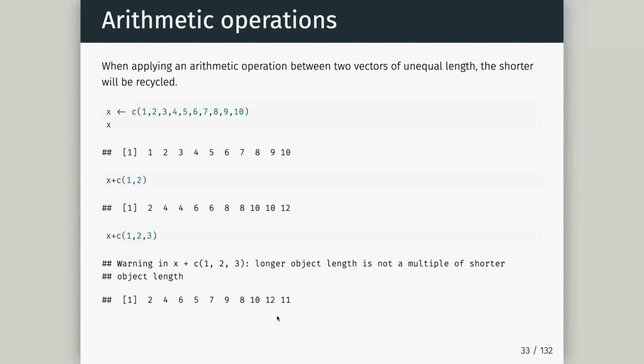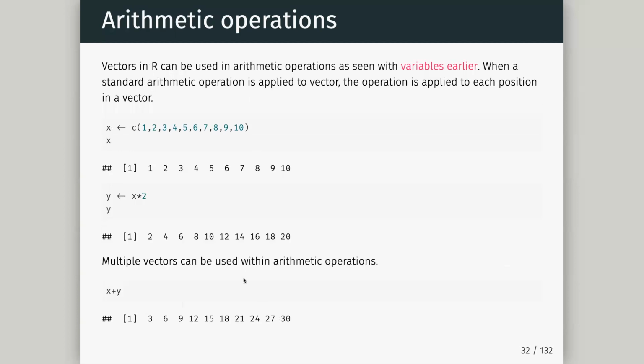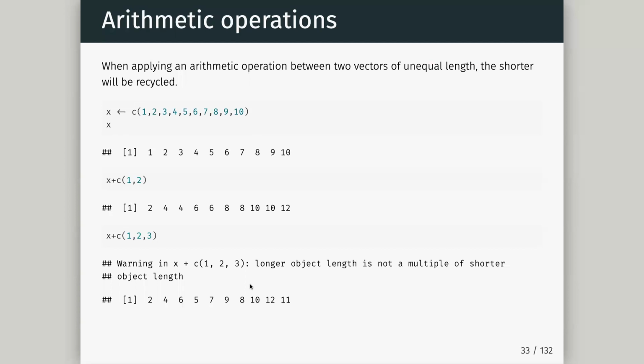So what happens when these aren't the same length? Because x and y are the same length when I added them together here, it makes sense what's going to happen. Well, it's a little different when we have unequal lengths. In this case, if I try and add to my vector 1 to 10 a vector which is just length 2, it's going to do something which I guess feels intuitive. It's going to recycle the shorter vector.